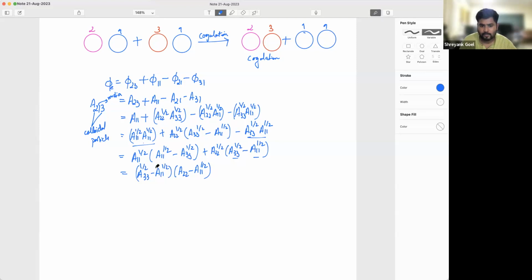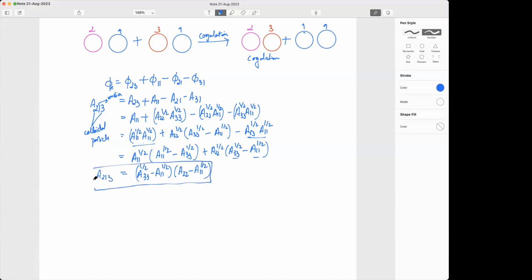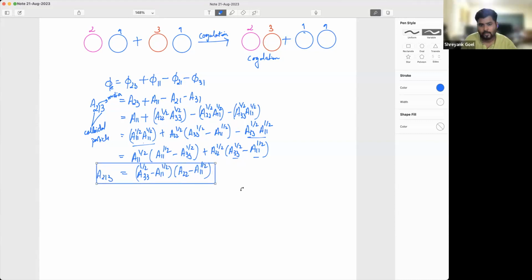Now I took A33 half minus A11 half common, multiplied by A22 minus A11 half. This should be, yeah, this is correct. So 1 minus will come out. So this is correct. Okay. Sir, A22 half, sir. What? Oh, yeah. Thanks.